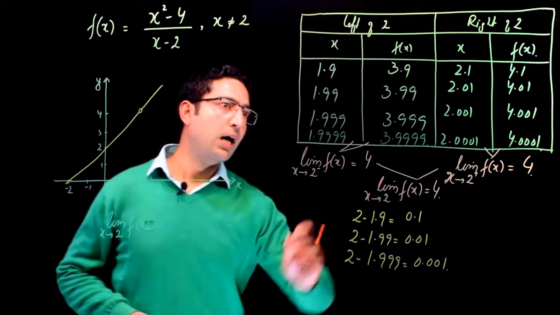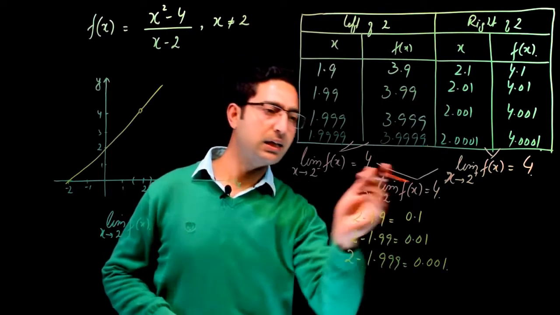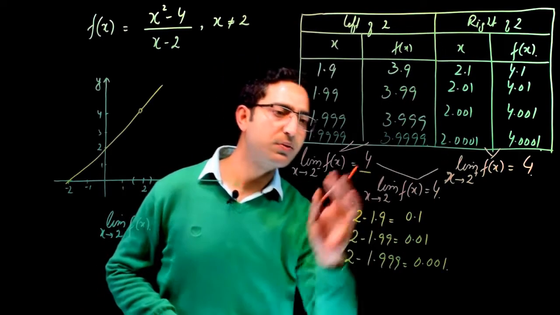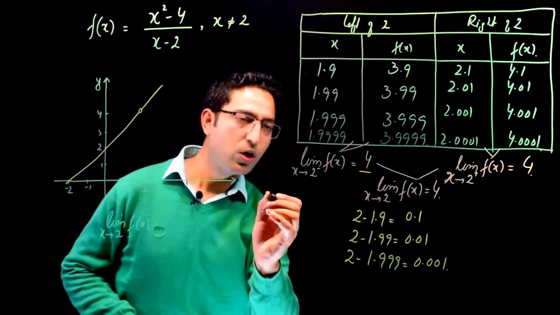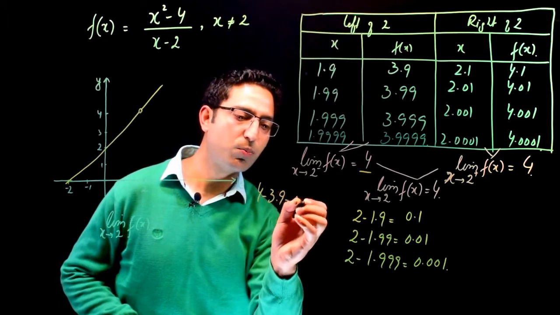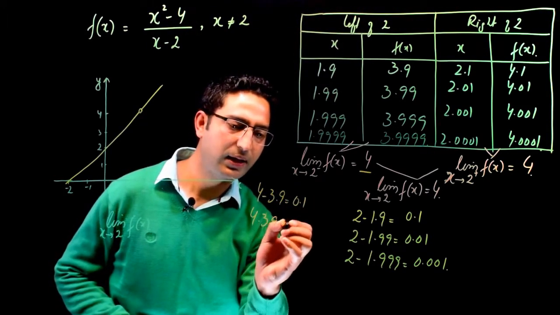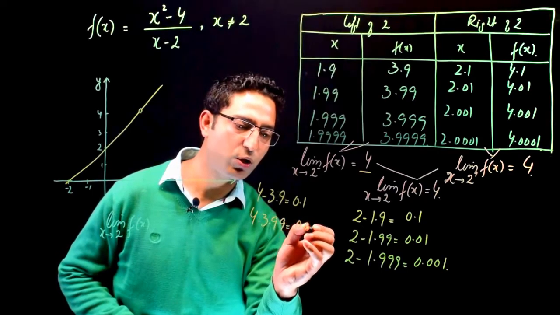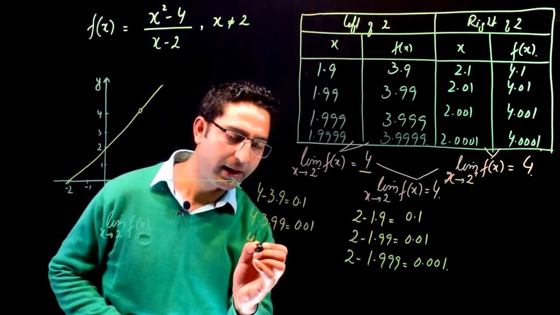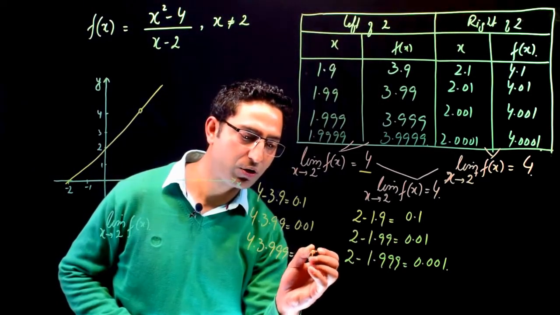If I look similarly at the difference between the limit which we are getting and the function values, I will get 4 minus 3.9, that's equal to 0.1, and 4 minus 3.99, that I will get 0.01, and 4 minus 3.999, that I will get as 0.001.